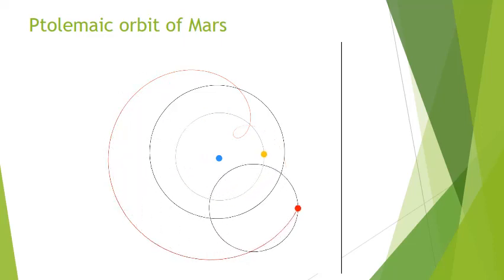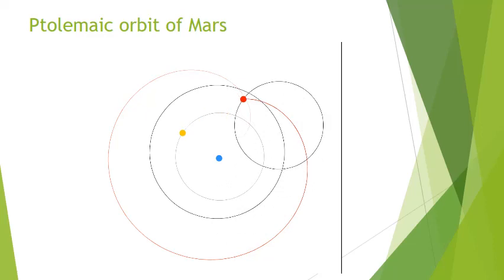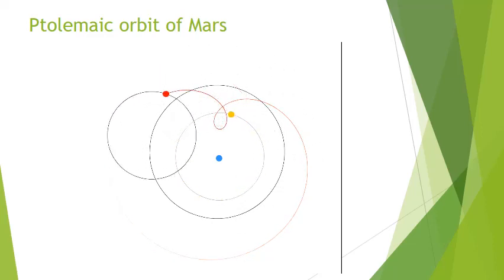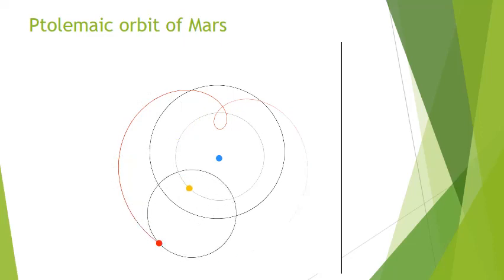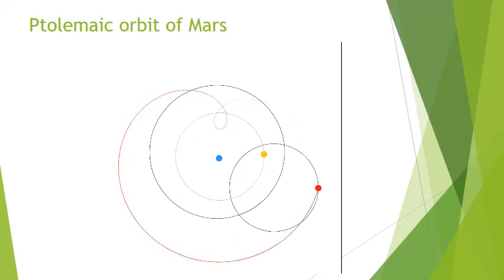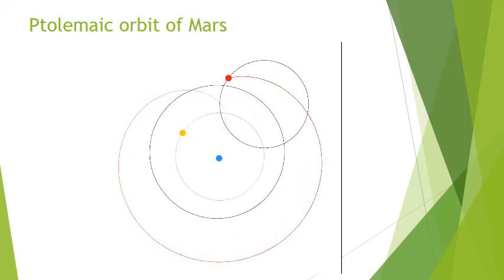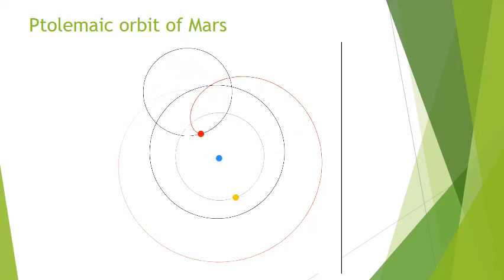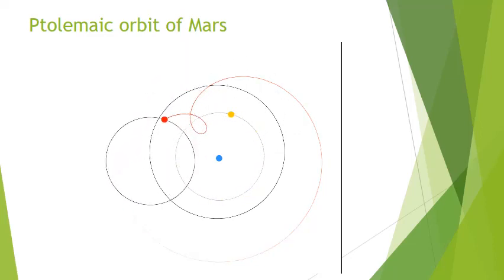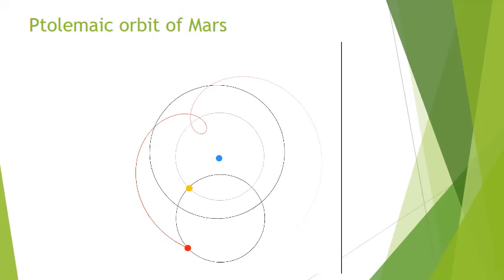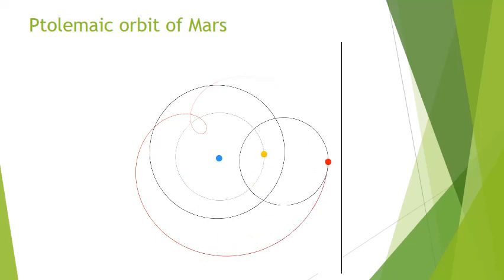But he also had to deal with the fact that Mars appeared occasionally to slow down, stop, and even reverse direction, what we call retrograde motion, with respect to the background stars. So how to explain it? Also epicycles. Again, using this epicycle, he could explain the fact that Mars appeared to not be going under uniform motion.